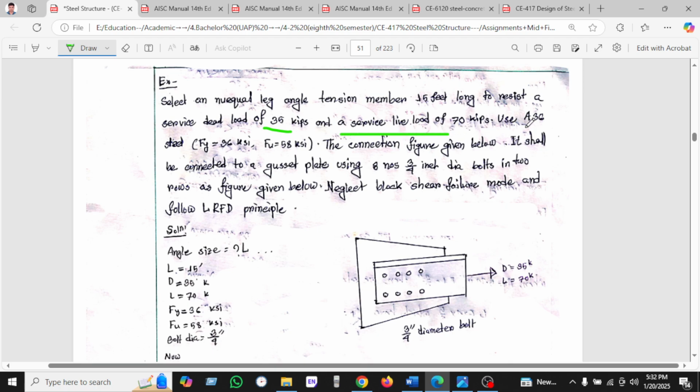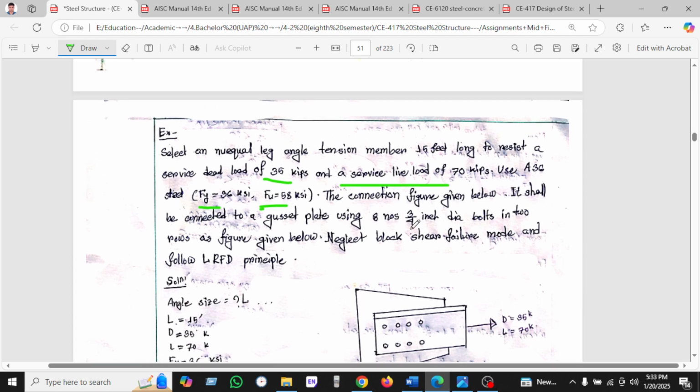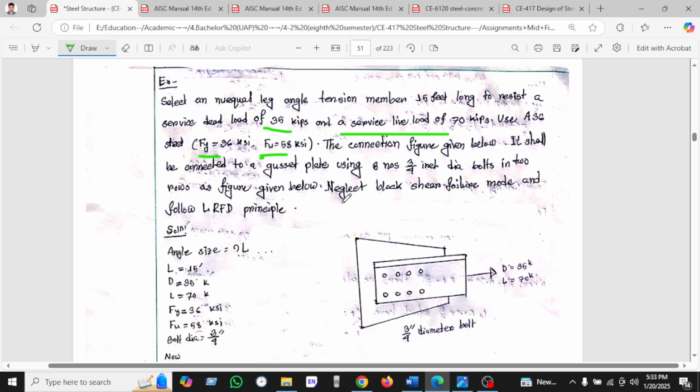Use A36 steel, where Fy is 36 and Fu is 58. The connection is shown in the figure below, considering the gusset plate using 8 bolts of 3/4 inch diameter. Neglect the block shear, so we have not calculated the block shear failure mode.